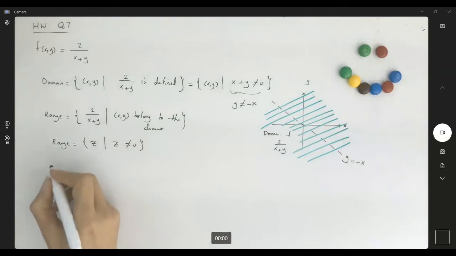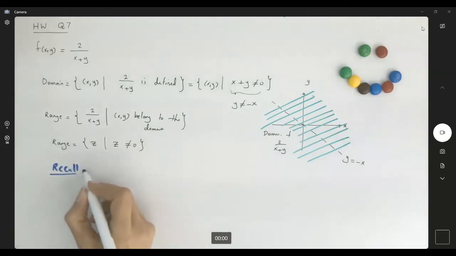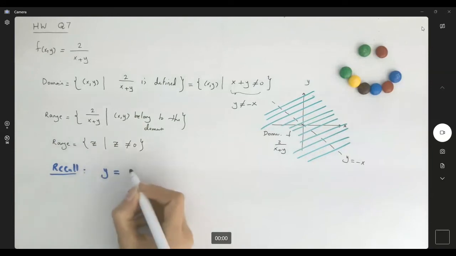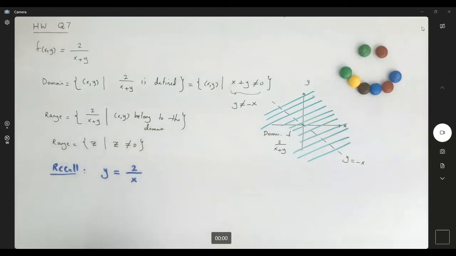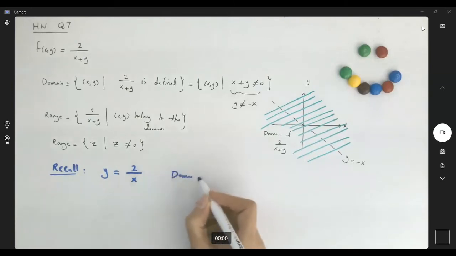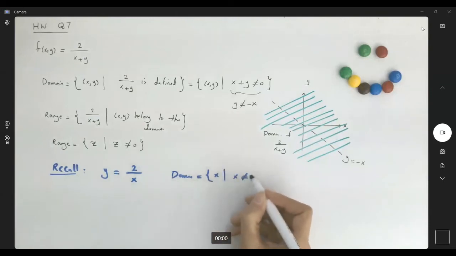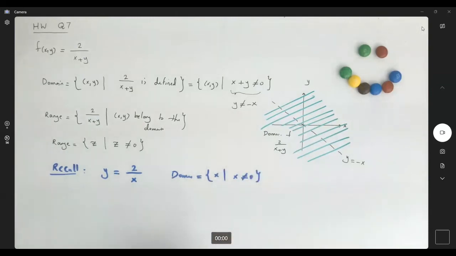Again, recall that in elementary calculus, you had y equals, for example, 2 divided by x. How did we graph this? What was the domain? The domain is the set of all x values such that x is never 0. Well, what about the range?